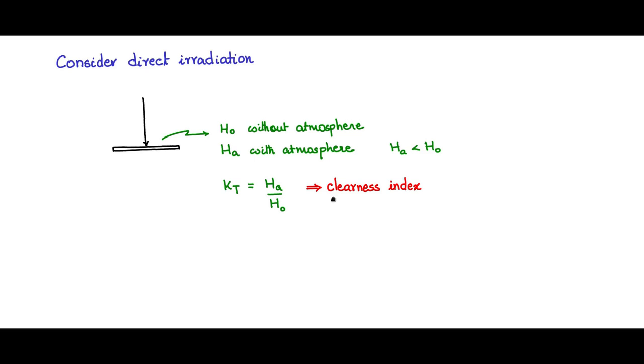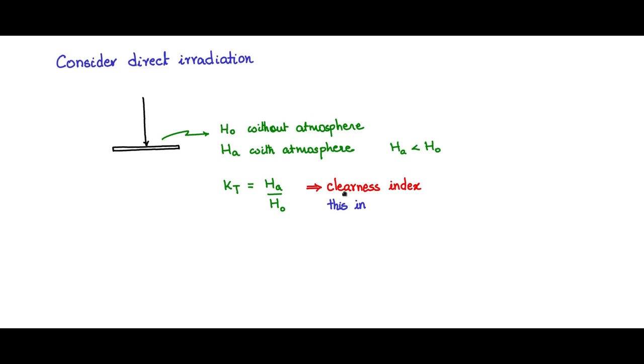It is the ratio of energy incident on the same flat surface with atmosphere divided by that without atmosphere. So this ratio kind of encompasses all the uncertainties, unpredictabilities, and the statistical nature of the information that is present in the climate at a locality.